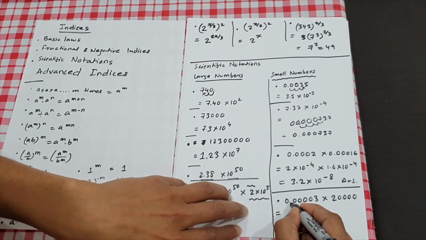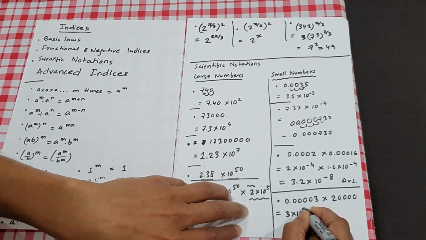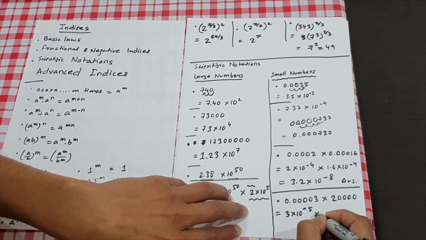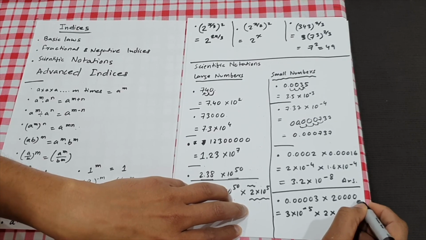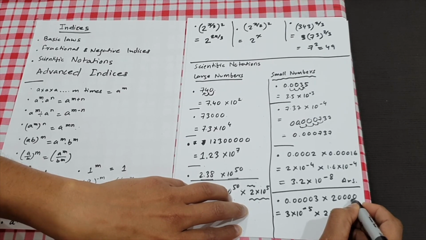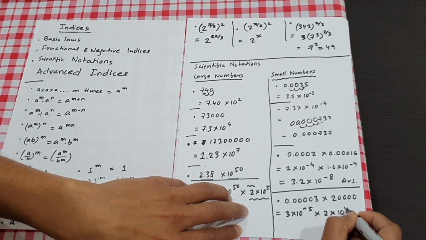How many decimals do we have to move? 1, 2, 3, 4, 5. So 3 into 10 to the power minus 5. And this is 2 into, so the decimal is here. We are now moving left because this is a large number. 1, 2, 3, 4. 10 to the power 4.